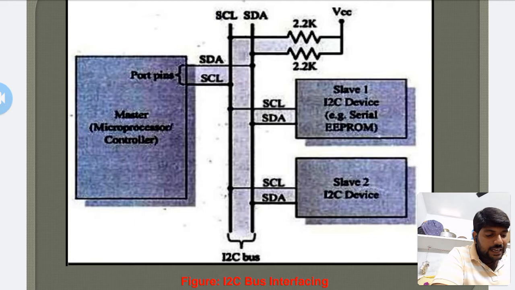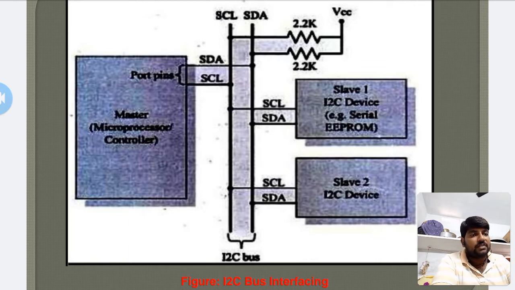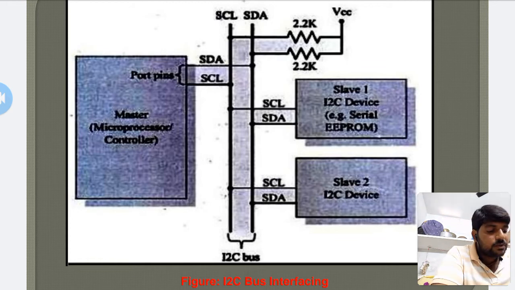The original aim of the I2C bus was to provide an easy way of connecting a microprocessor or controller system with the peripheral chips in television sets.